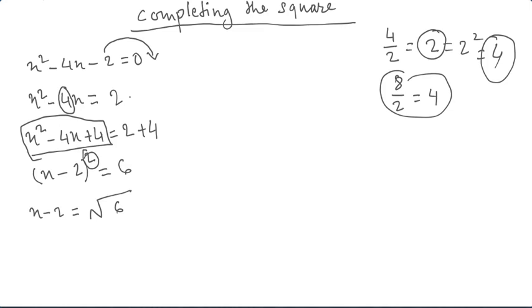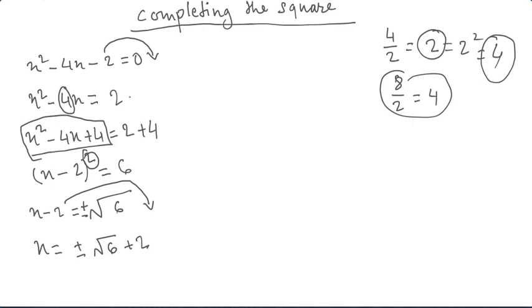Okay, sorry guys, here it should be plus or minus. So now x minus 2 is equal to plus or minus root 6. You add 2 to both sides, or you just take it to this side. When we take the minus 2 to that side, it becomes positive.